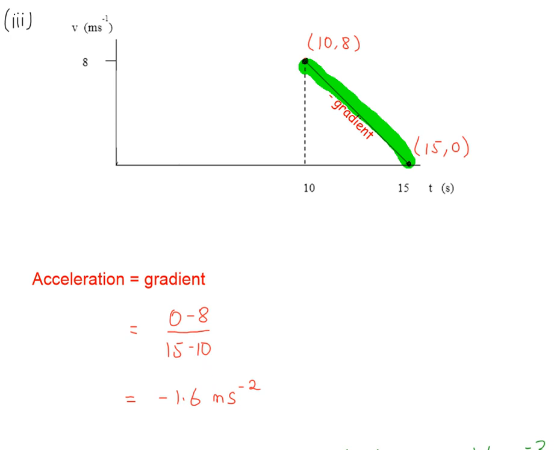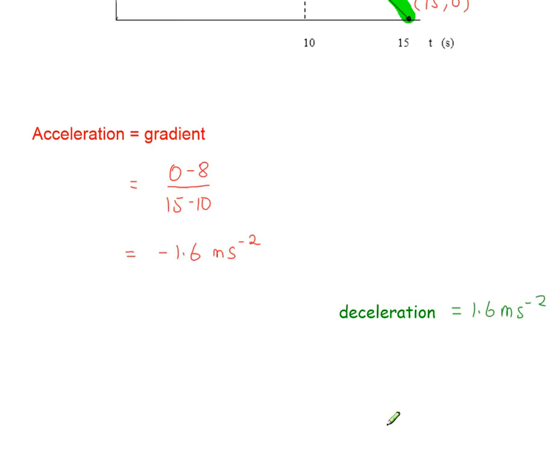It's minus 1.6 meters per second squared. We can also say this as the deceleration is 1.6 meters per second squared. Do you notice the difference in signs here? A negative acceleration is the same as a positive deceleration.